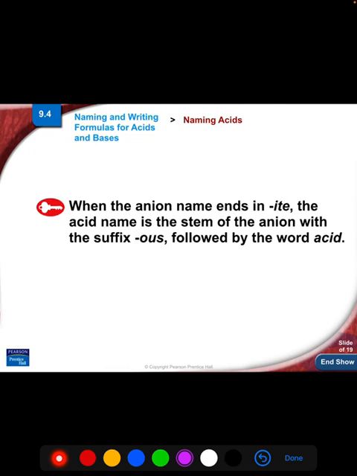If you have a polyatomic ion ending in "ite," for example, nitrite or sulfite, that would be 2-. Then you have an acid that you would call, it becomes the "ous" acid.